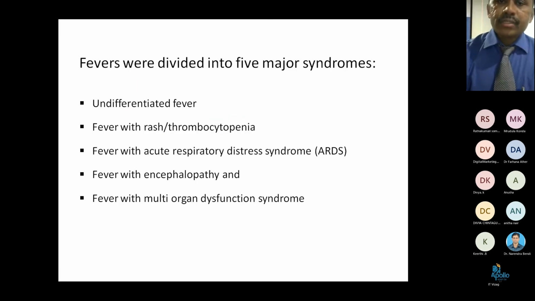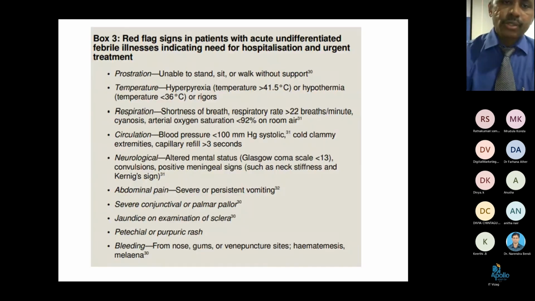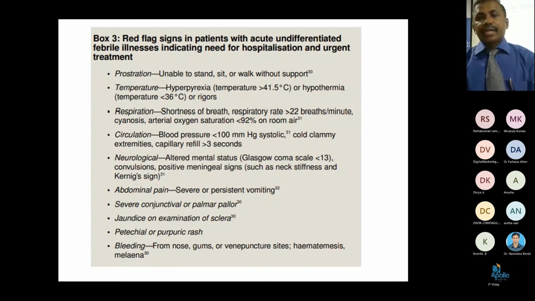So all the fevers are divided into 5 major syndromes, and before dividing the fevers into syndromes, we have the red flag signs with acute undifferentiated febrile illness, indicating need for hospitalization and urgent treatment.